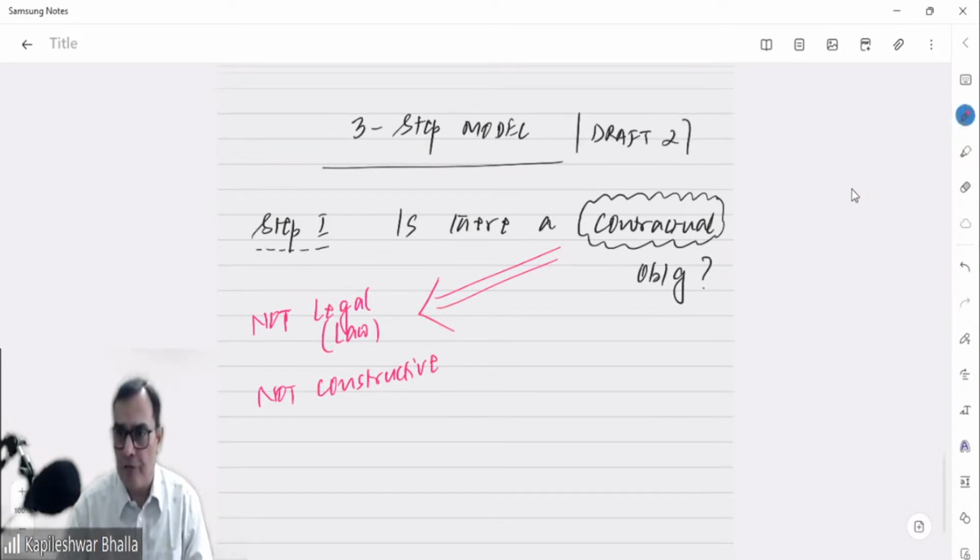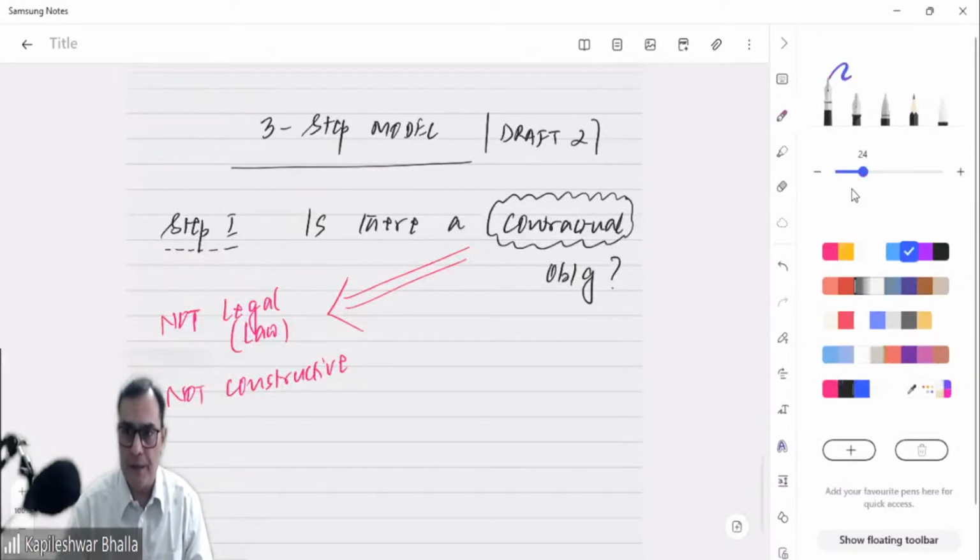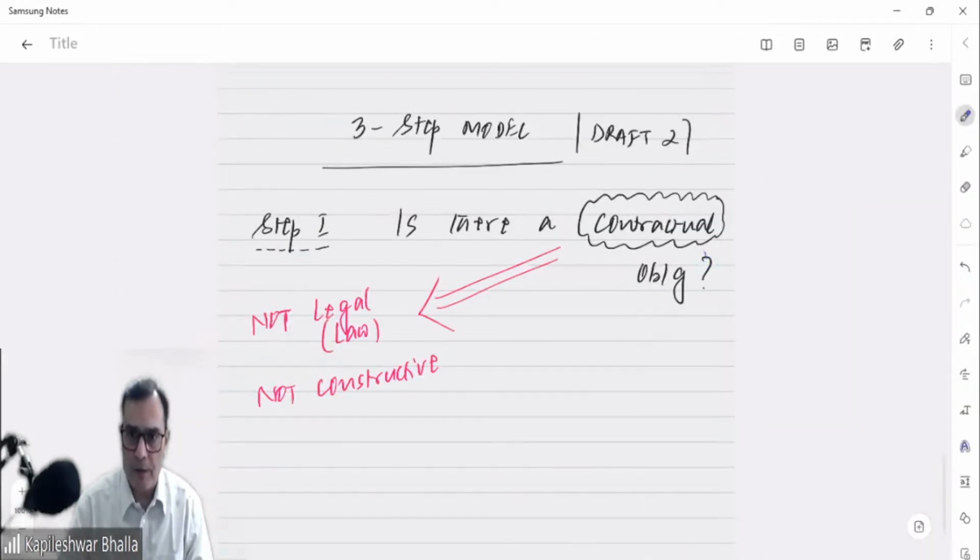The second focus point which I've given you is that when I look at the word obligation, you need to consider that there are two components of obligation. One of the components is supposed to be the principal component.